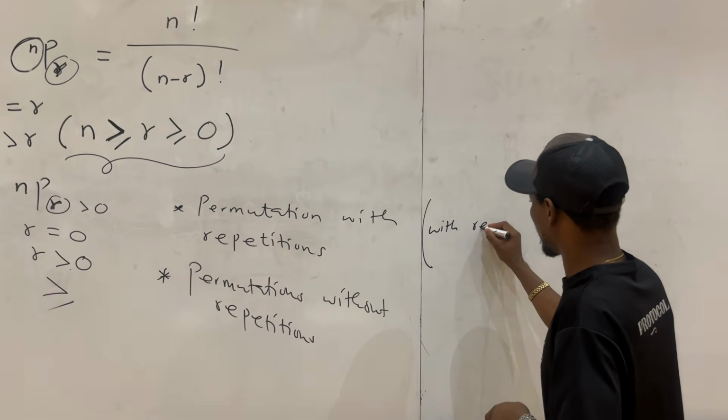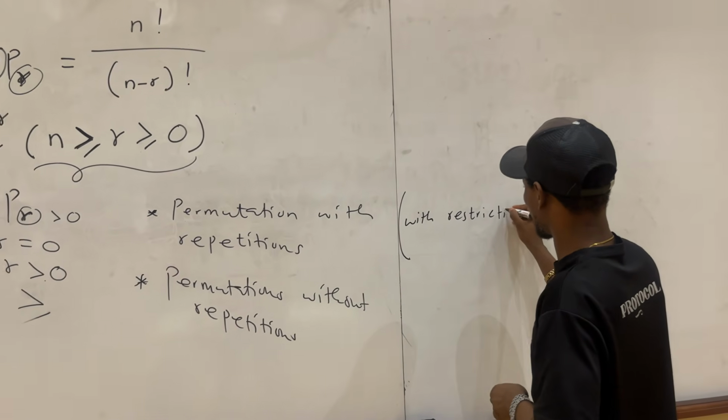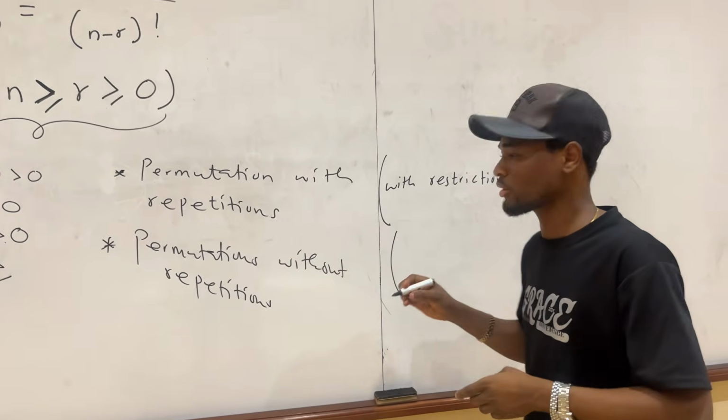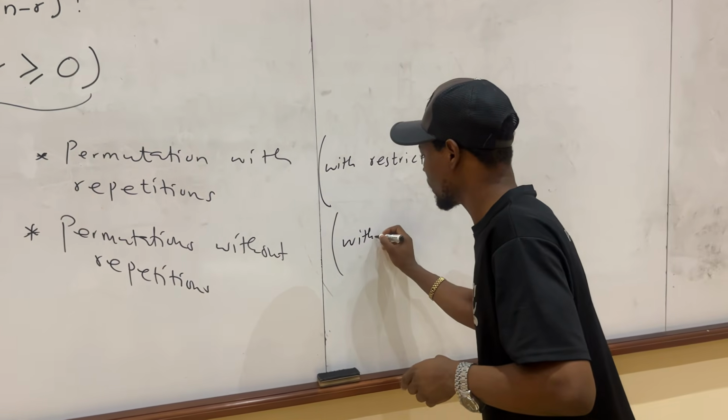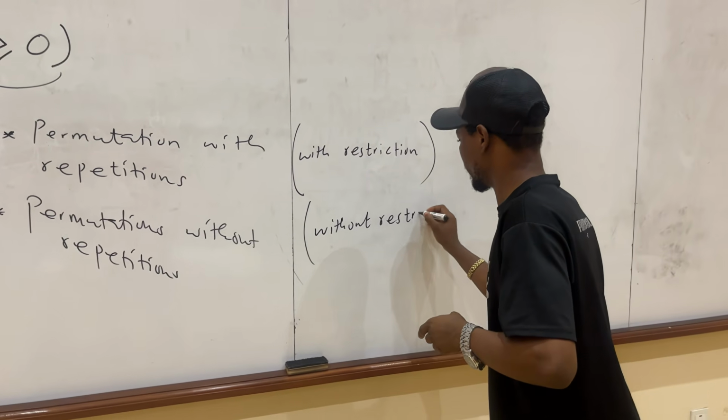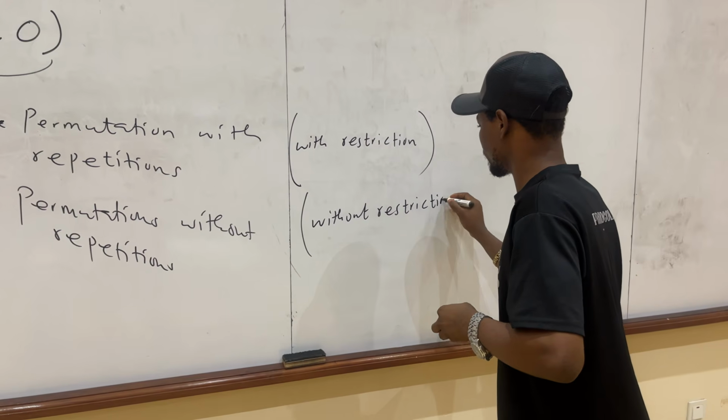So with restrictions, and the permutations without repetitions, it's called permutations without restrictions.